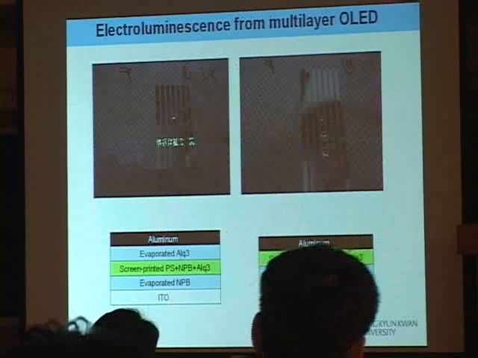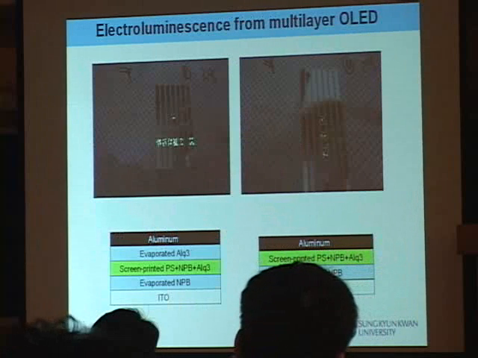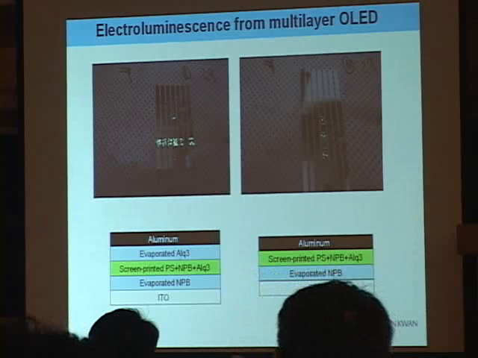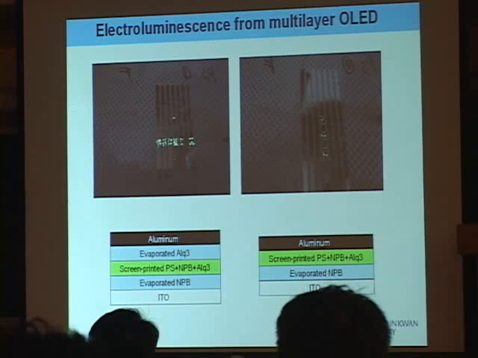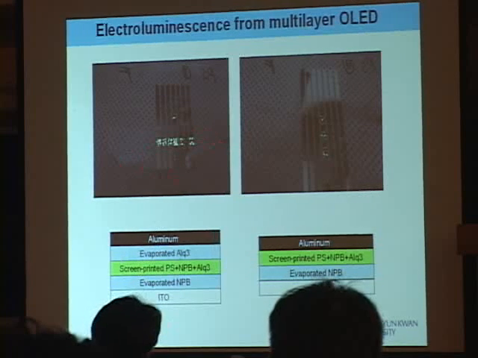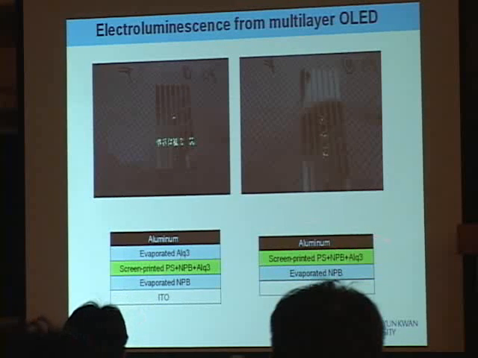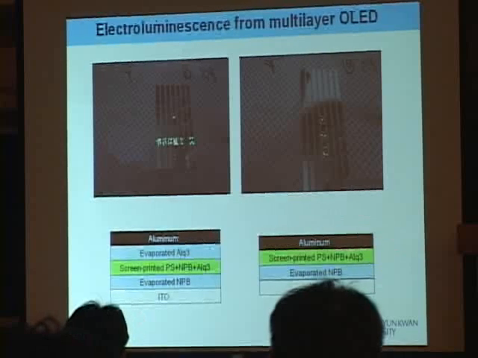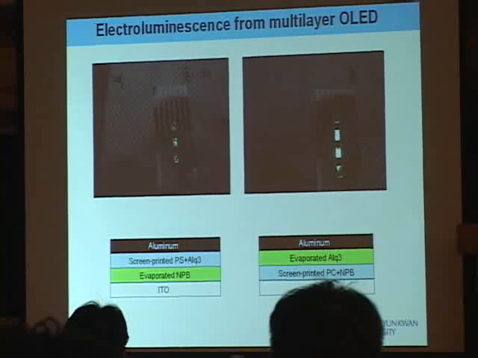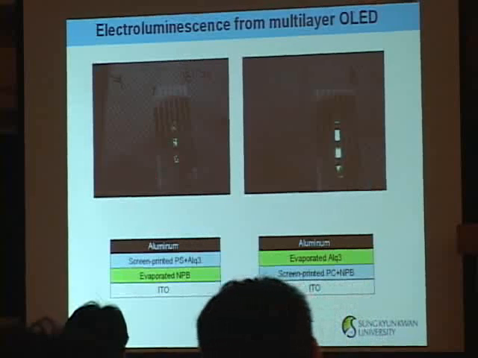So we tried some different ways to make a multi-layer OLED. One is NPB evaporation on top of ITO and a screen-printed film, and then an ALQ3 evaporation film. In this case, you also have scattered emission. And I tried different devices, but we always have scattered emission.